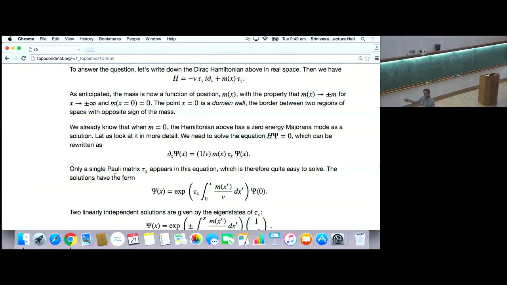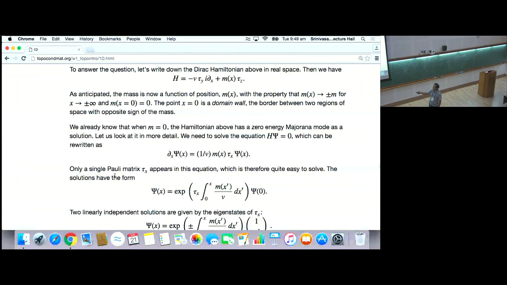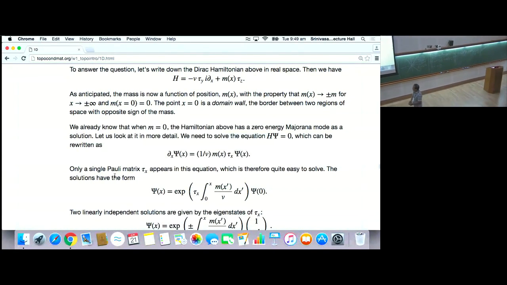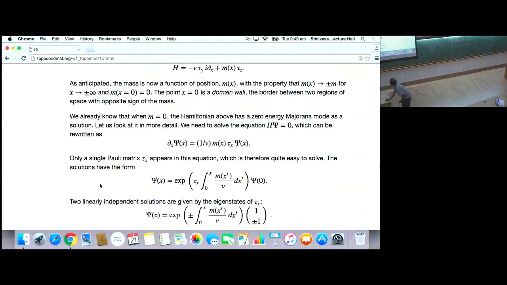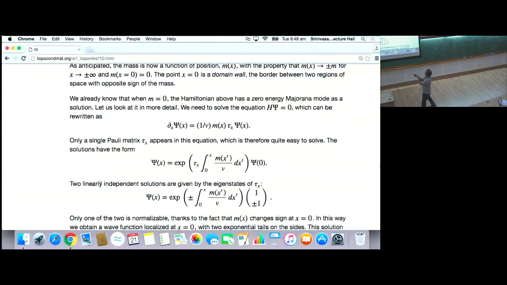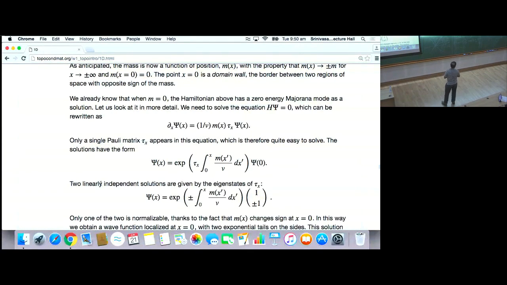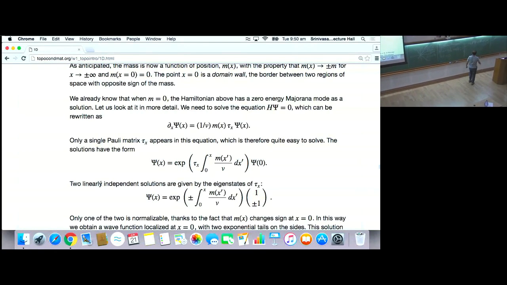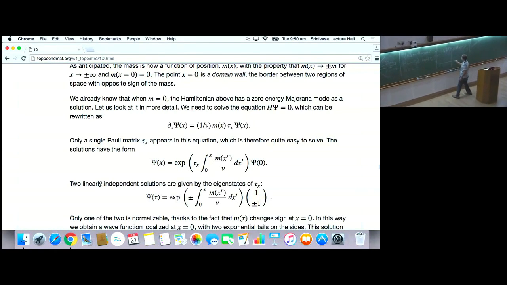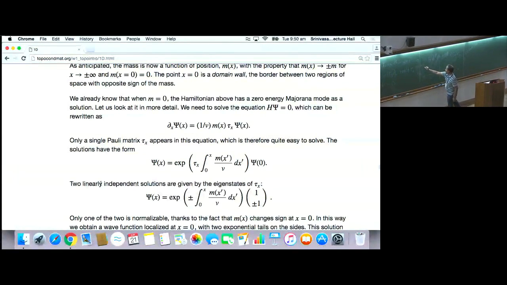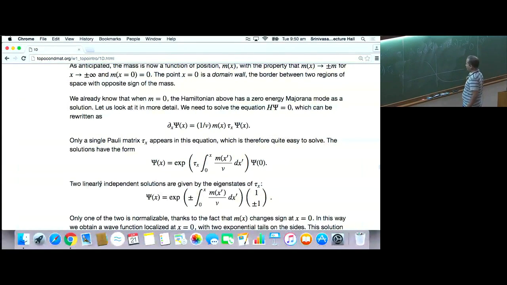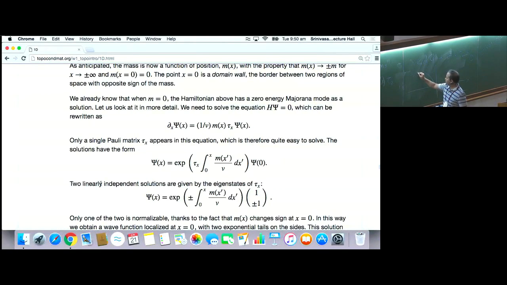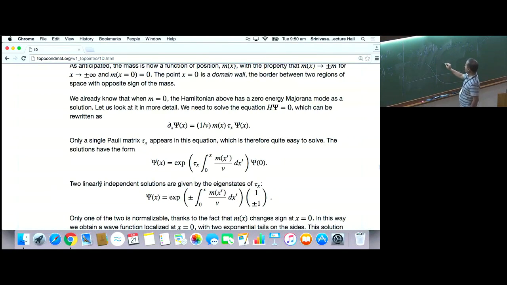This should look like a trivial differential equation to solve. Its solution is just the exponential. But the tricky thing is that it's an exponential of an integral of the mass, and you want the wave function to decay. Your zero mode should look something like this: there's my domain wall as a function of x, my mass is changing sign, that is m of x, and I want my wave function to look like this.